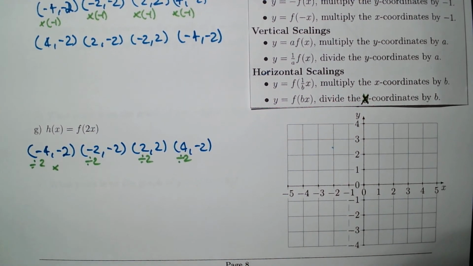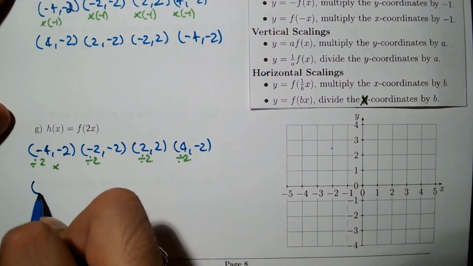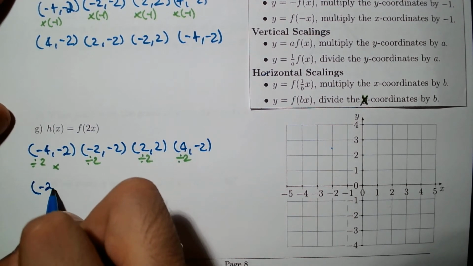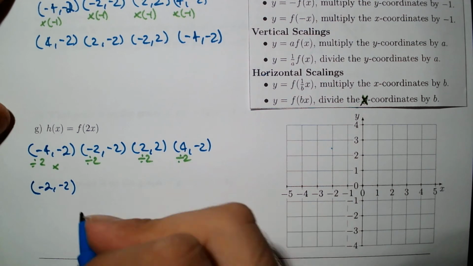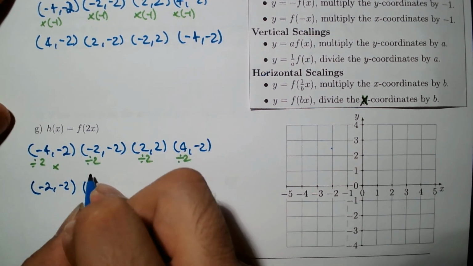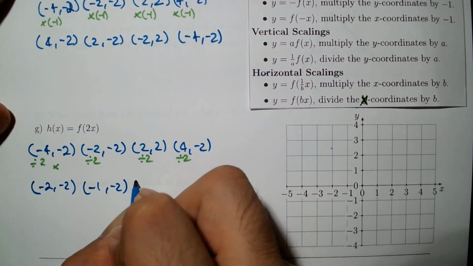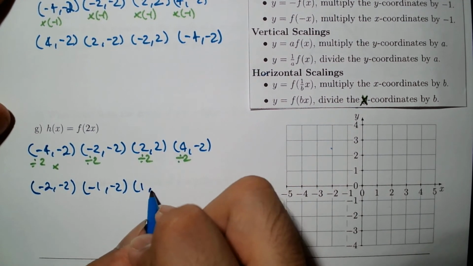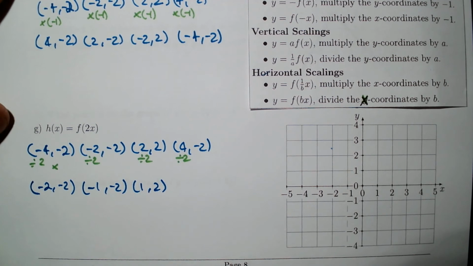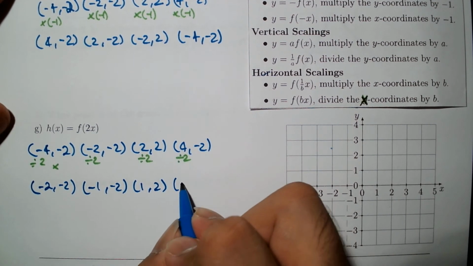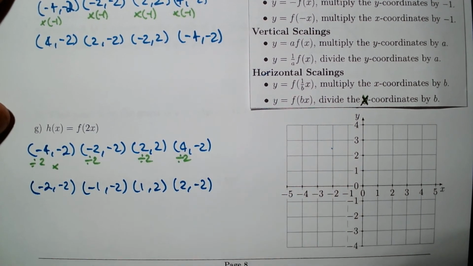So I'm going to have negative 4 divided by 2, that's negative 2, negative 2. Negative 2 divided by 2, that's a negative 1, negative 2. 2 divided by 2, that's a 1, 2, and 4 divided by 2, that's going to be a 2, negative 2.